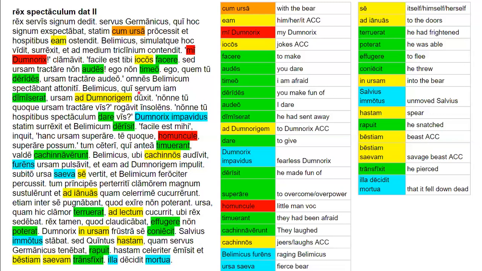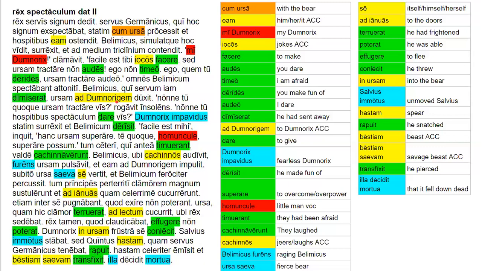Bellimicus, qui servum iam dimiserat, ursam ad Dumnorigem duxit. All right, so Bellimicus, who now had dismissed the slave, led the bear towards Dumnorix.